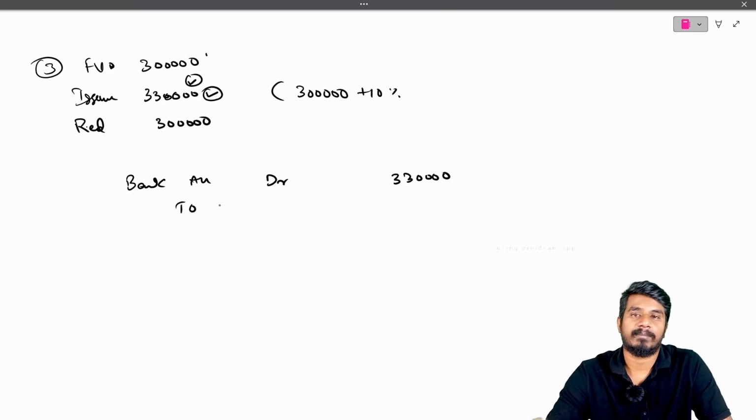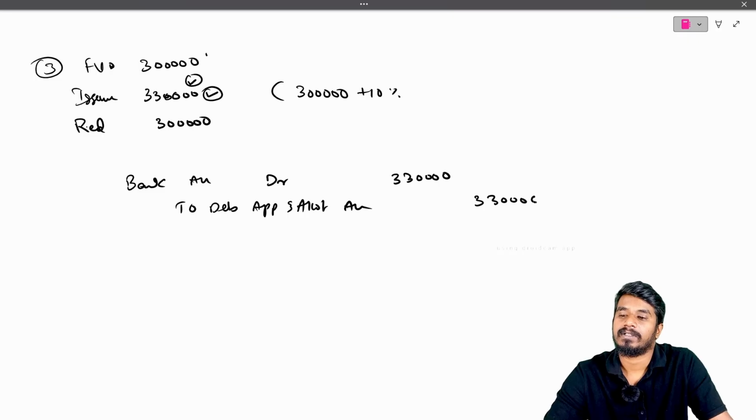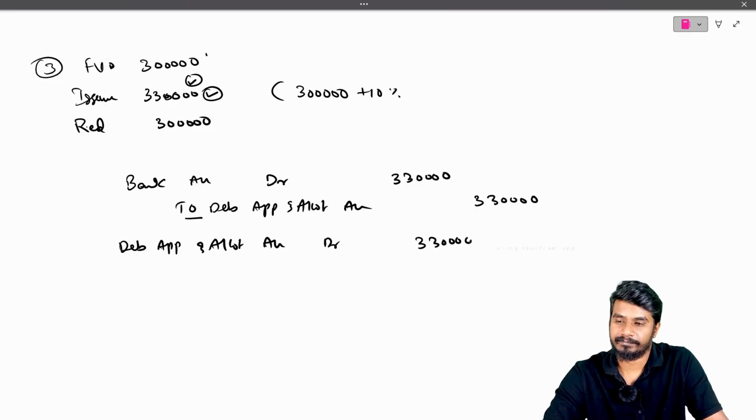Two, we'll create a temporary account, debenture application and allotment account, 3,30,000. The same we will transfer to debenture account. For that we will reverse this. Debenture application and allotment account will get debited for 3,30,000.